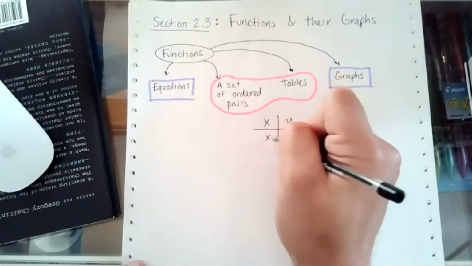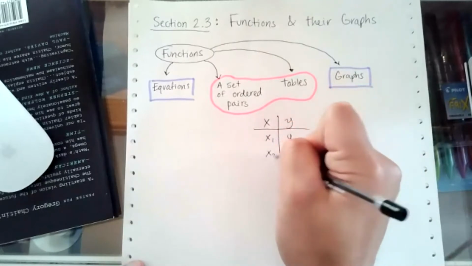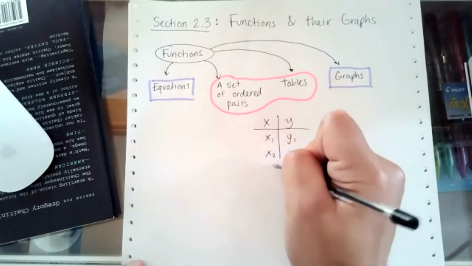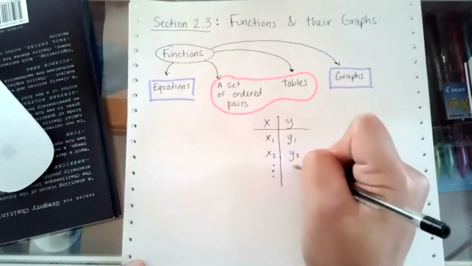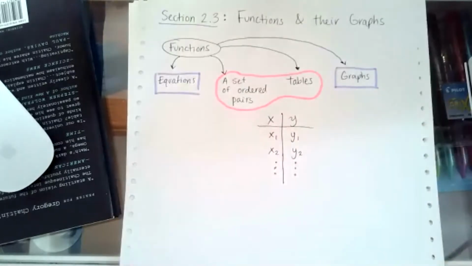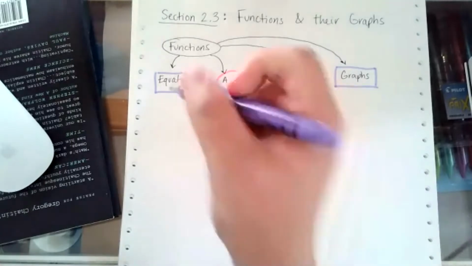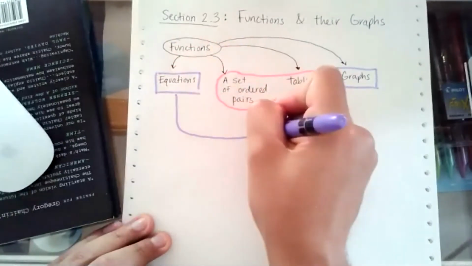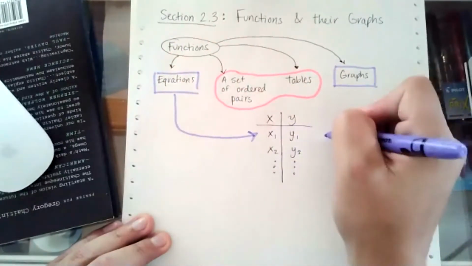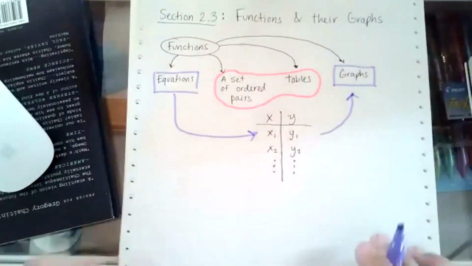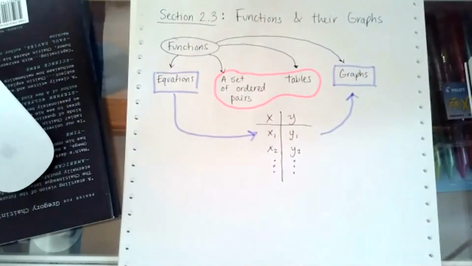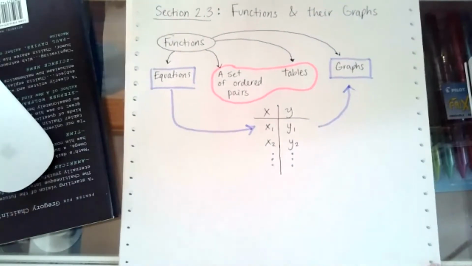Let me just put X1, Y1, X2, Y2, dot, dot, dot, because we can have as many points on this graph as we want. But usually we are connecting our equations to the graphs through this intermediate table or set of ordered pairs. That's the conceptual framework of how we're going to go about examining functions.